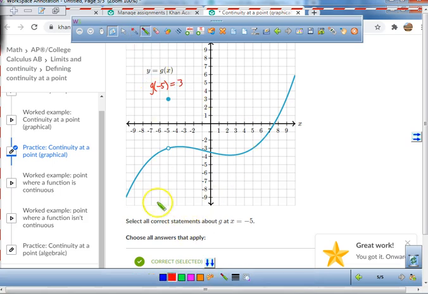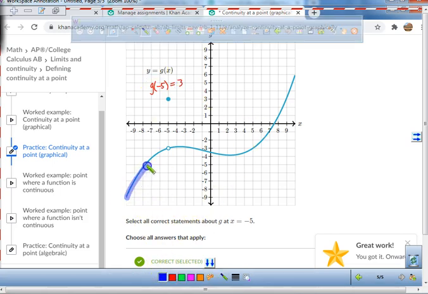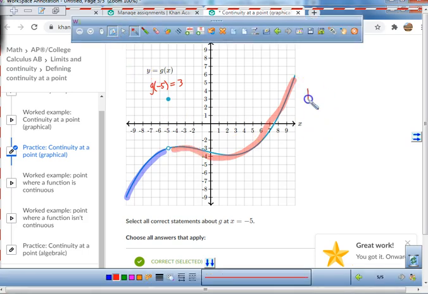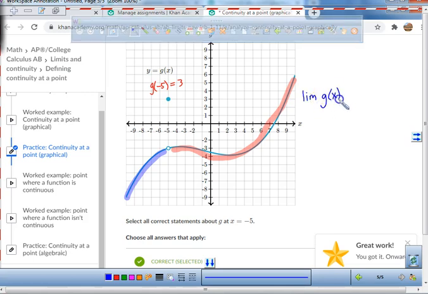But if I said, from the left, what's the limit? And from the right, what's the limit? You would say the limit, I'll put it in blue, the limit of g of x approaches -3 as x approaches -5 from the left.